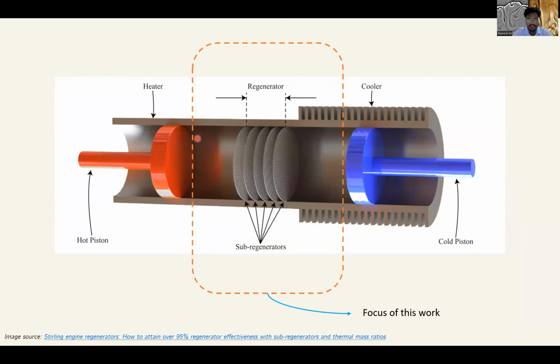So this is a basic Stirling engine, and this is the part we are focused on in this paper. What will be the pressure drop across this, and how will the regenerator be involved?